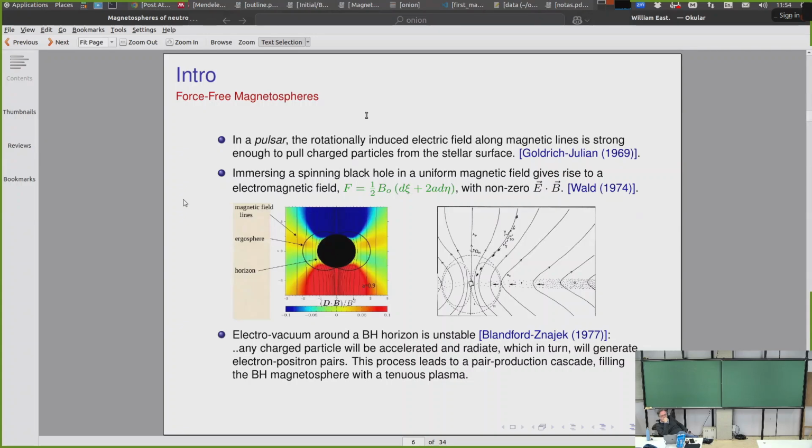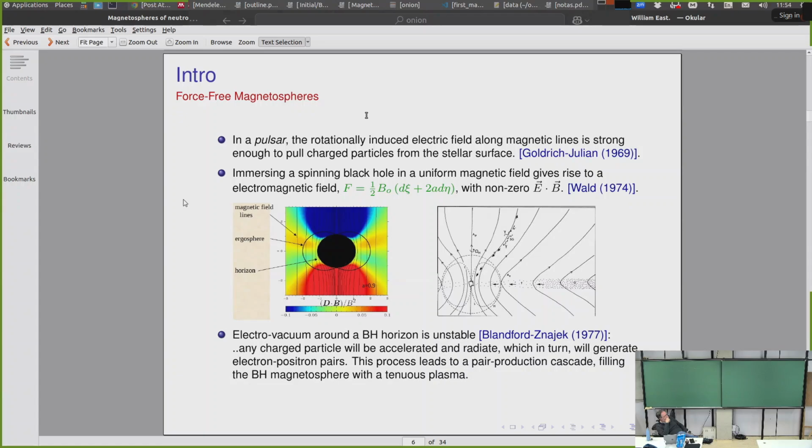And the reason is that you cannot have a vacuum, as we argued here, because the rotation, for instance, of the central object produces these very strong electric fields along the magnetic field lines that will produce this particle generation cascade. This is quite well understood now.